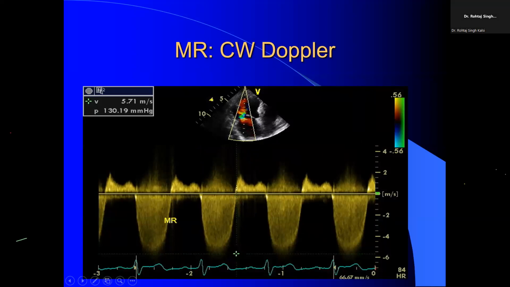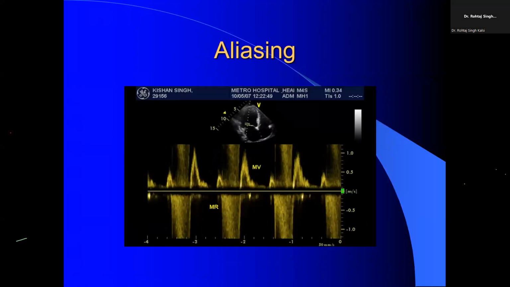But sir, can we see the previous slides? How do we know that this is aliasing, since as you had mentioned, sometimes we get mitral stenosis with mitral regurgitation? When any flow is both above and below the baseline and is cut off, that is aliasing.